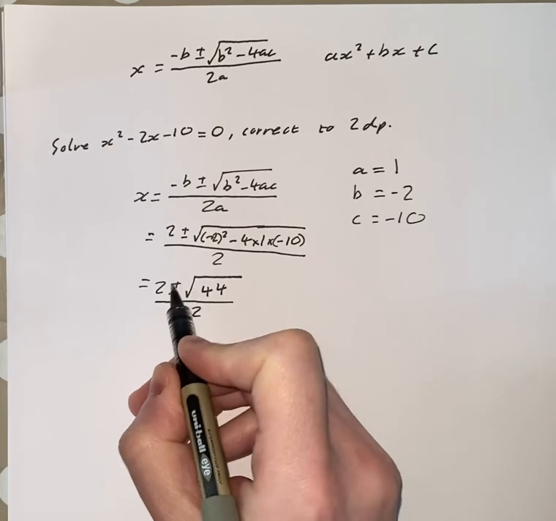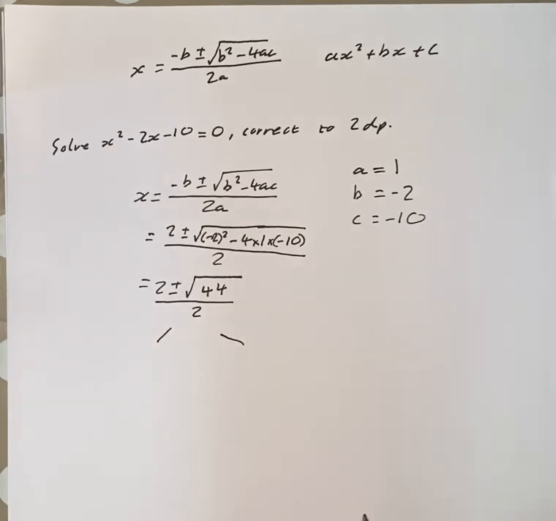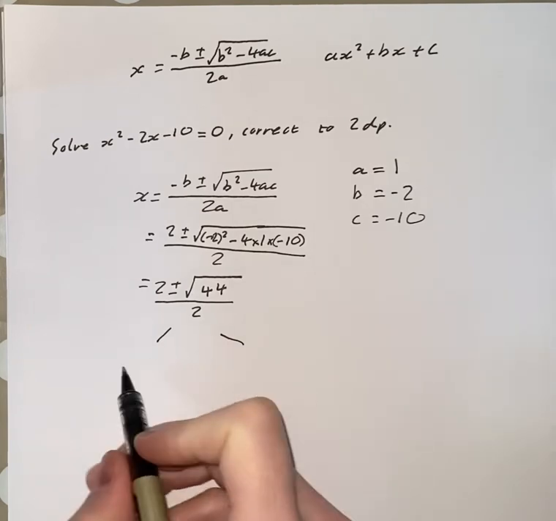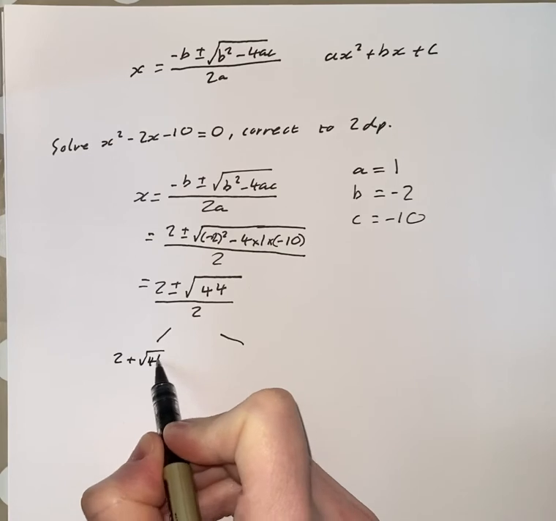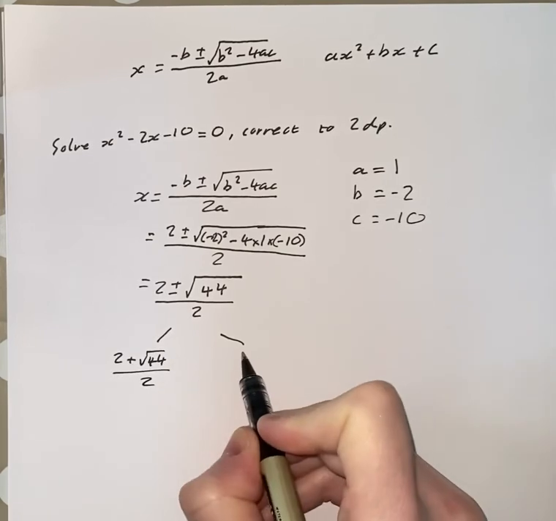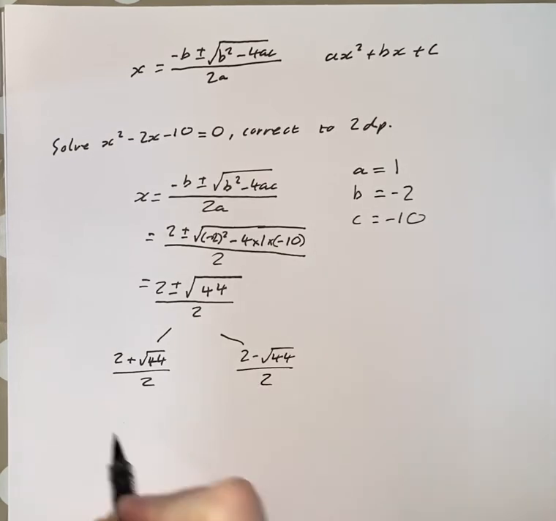Now this plus and minus, remember with quadratics we're used to having 2 answers. So what we're going to do is split this off and say that for one of them we're going to use the plus, and for one of them we're going to use the minus.